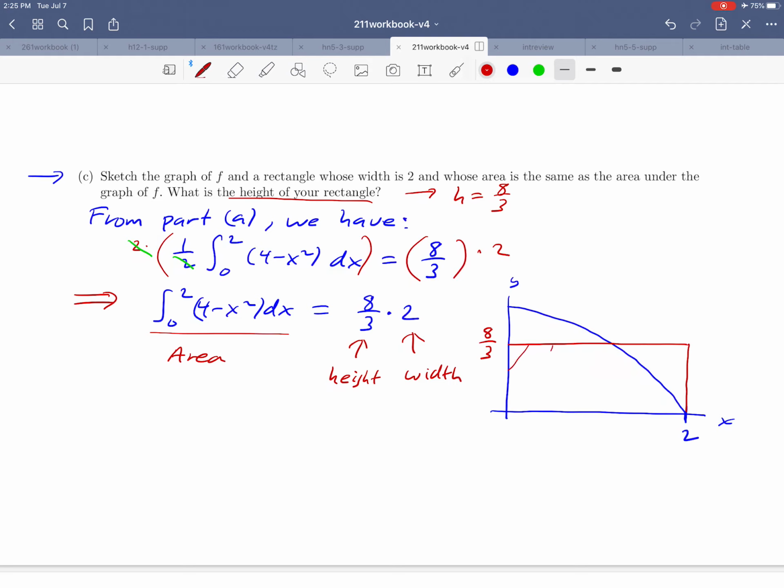And so here's what we've discovered. It's an interesting geometric fact that the average value of a function is special in the sense that if you draw a rectangle like this, whose height is equal to the average value, the area of that rectangle matches the area under your curve. So I'm going to write that just as a comment at the end of this.